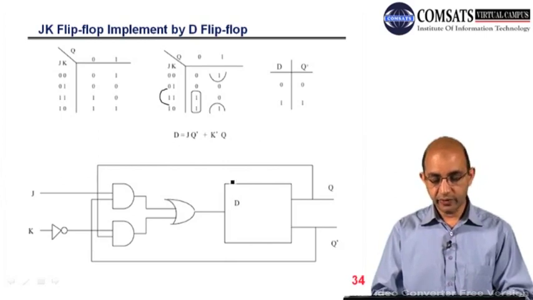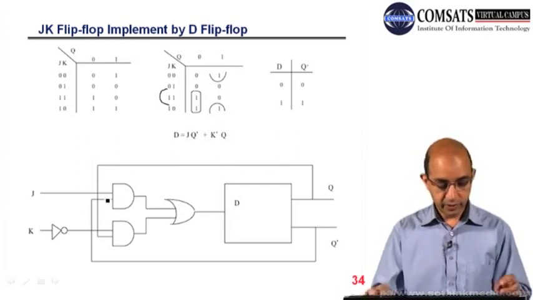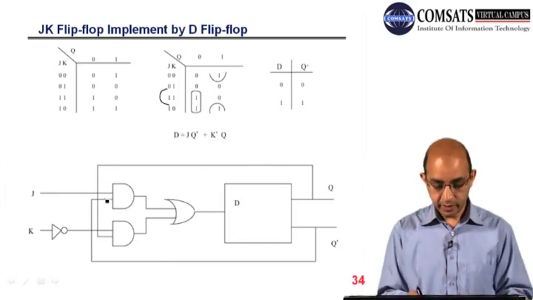So you can see that D is equal to J Q bar plus K bar Q. So J, and where is Q bar? This is the second input. Let me write it down with the mouse pointer.